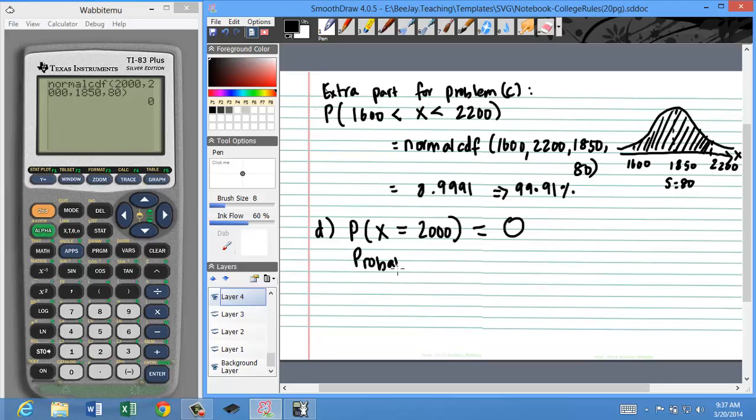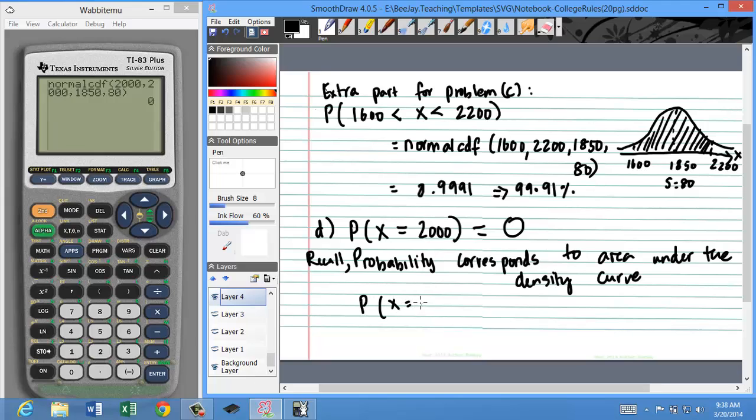So if you recall, probability corresponds to area under the curve, under the distribution or density curve. If that is the case, then the probability x equals 2000 is nothing but the area of the point 2000. And we all know a point has no area, so logically this is just a big zero.